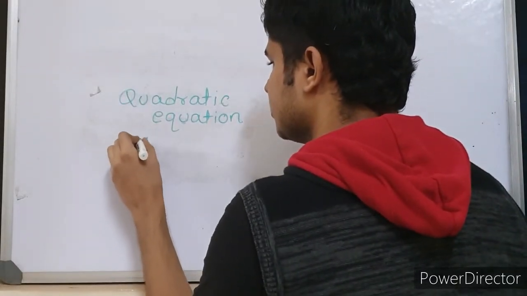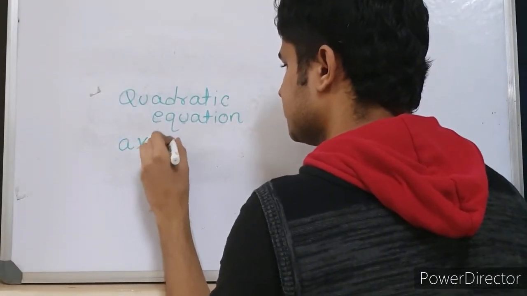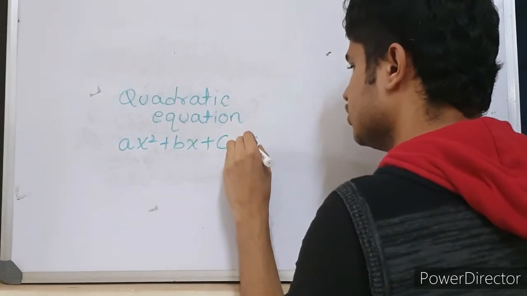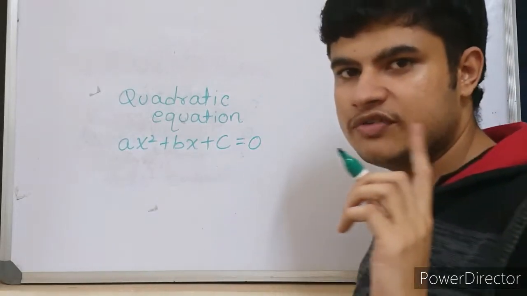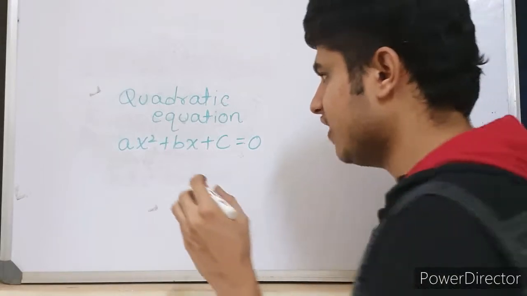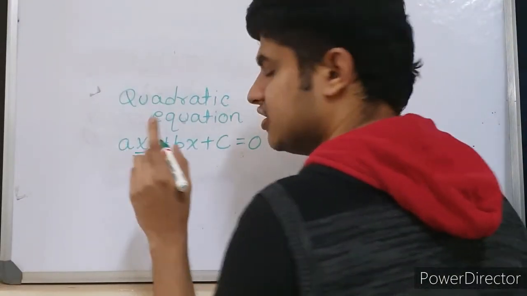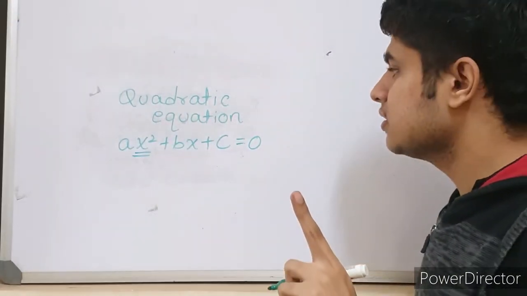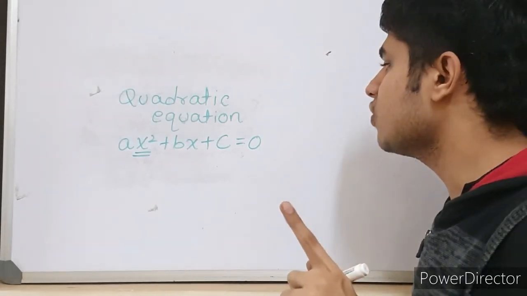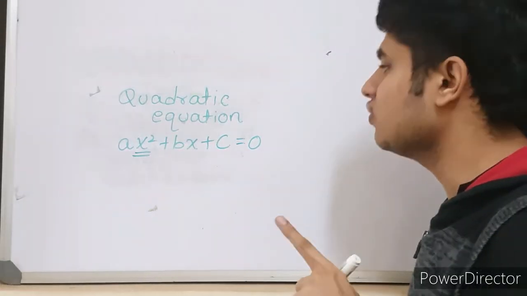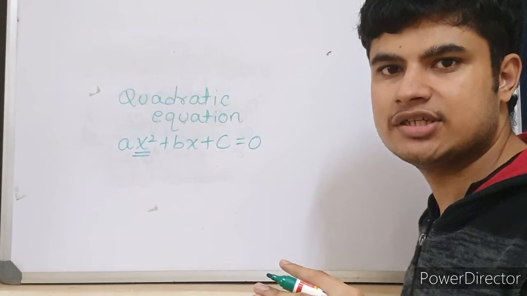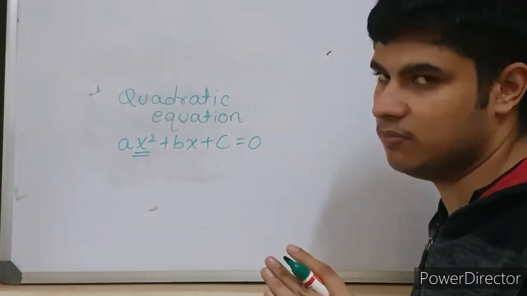The general form is ax² + bx + c = 0. Now if you all see, the highest order or the power of x is 2. So the given equation is an example of a quadratic equation, and of course this is the general form of a quadratic equation. Any equation we can write in this form.